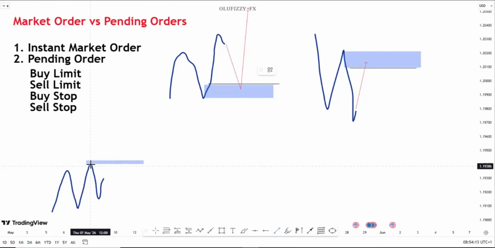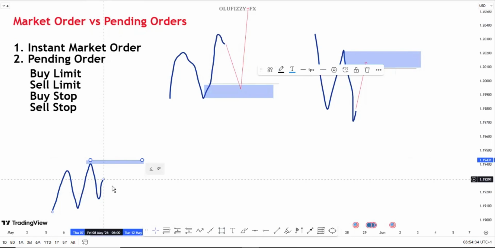In this case, what you will use is buy stop, because you want price to continue to the upside, or maybe you are anticipating that price can get rejected from this region and start selling. So you set a buy stop that, if price breaks this zone, you want to continue the buy.